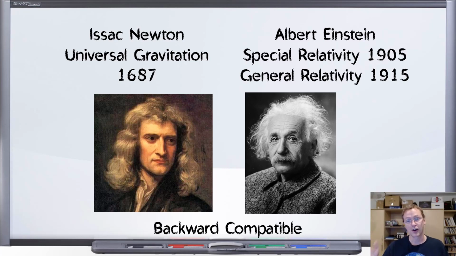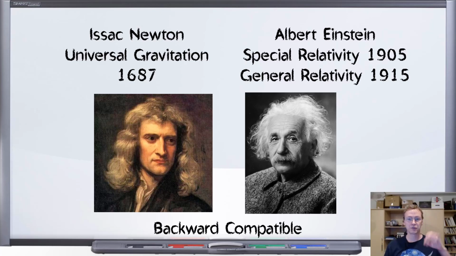Einstein's laws are backward compatible with Newton's laws. What does that mean? That means anything that Newton had predicted that had been verified by that time must still apply in Einstein's rules.